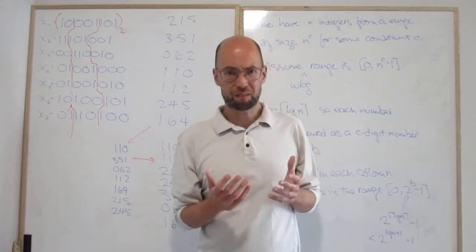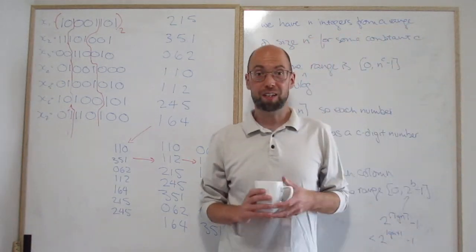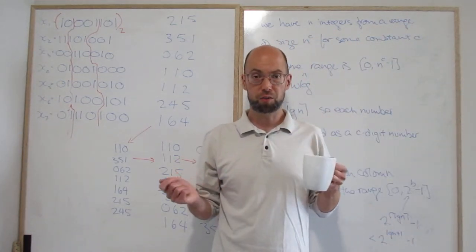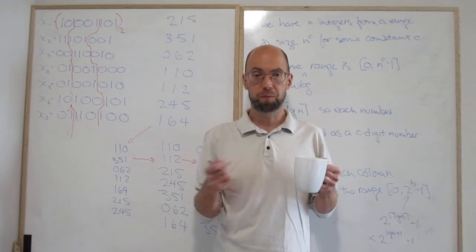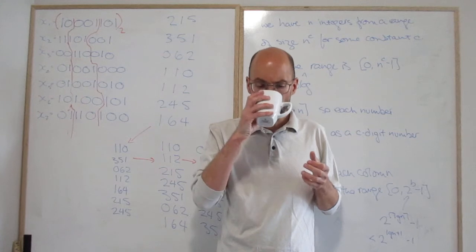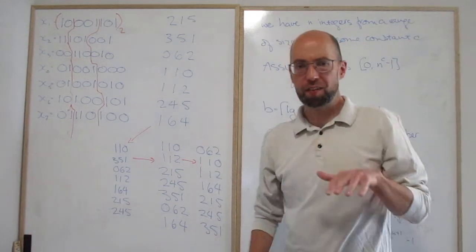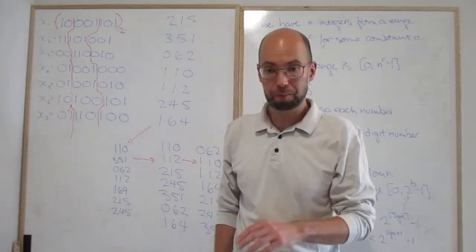In the comparison model, you're not allowed to do that. All you're allowed to do is take 2 numbers and say, is this one bigger than this one? Or bigger, or equal, less, whatever. So, for the rest of the lecture, we're going to be in the comparison-based model.